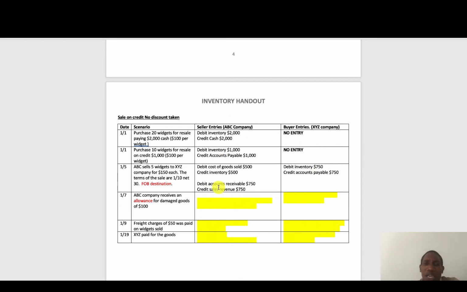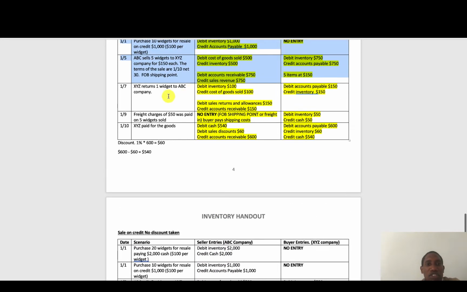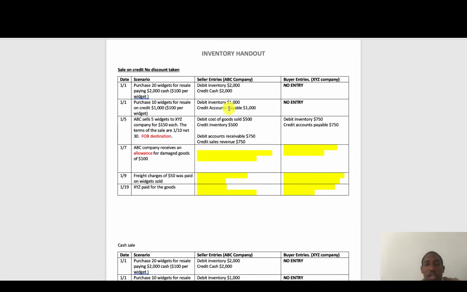So let's think about what's happening to the seller. Is anything changing in ABC's inventory? Is this allowance going to change ABC's cost, the initial cost that they purchased at? It's not. So there is no adjustment to the cost. If we look up here at the sales returns, we had to adjust costs and then adjust revenue. For an allowance, we don't, because nothing is going to happen to ABC's cost.